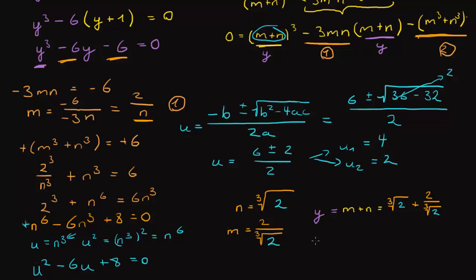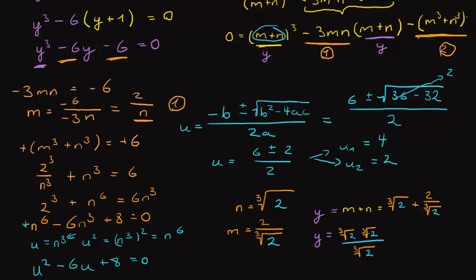Now we can simplify this a bit by saying y is equal to the third square root of 2 times the third square root of 2 over the third square root of 2. Right?